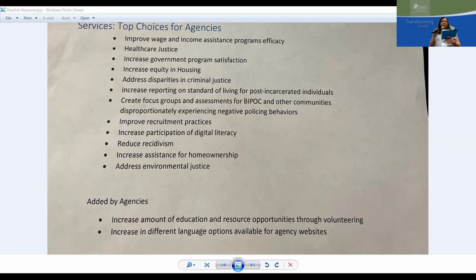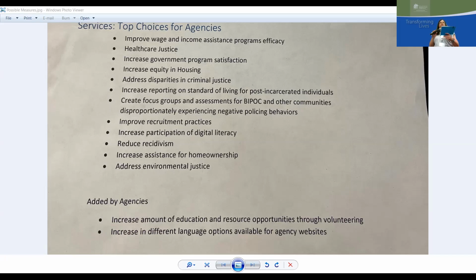So our top choice was increase equity in housing. Then we had a tie for second with improve recruitment practices and increase different language options available for agency websites.